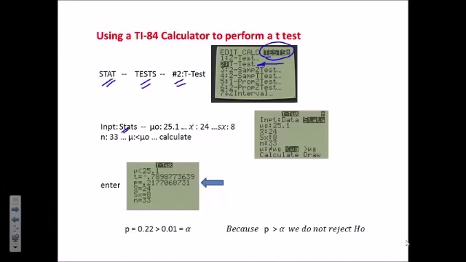We're going to be inputting summary statistics, so we highlight Stats, and then we put in mu naught, which is the value of mu from H naught, and put in the sample mean, the sample standard deviation, the sample size, and then if you remember H1 was mu less than, so we choose the less than symbol, highlight that, press enter, and you can press either Draw or Calculate.